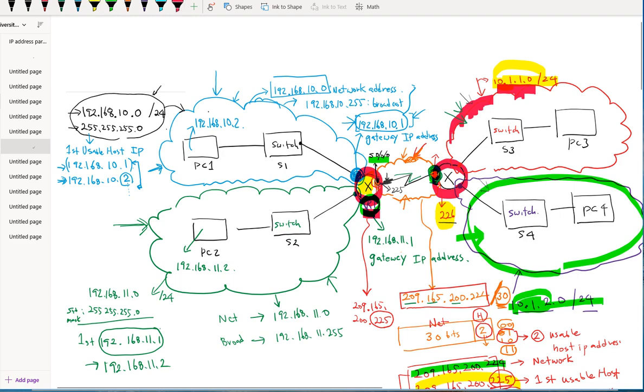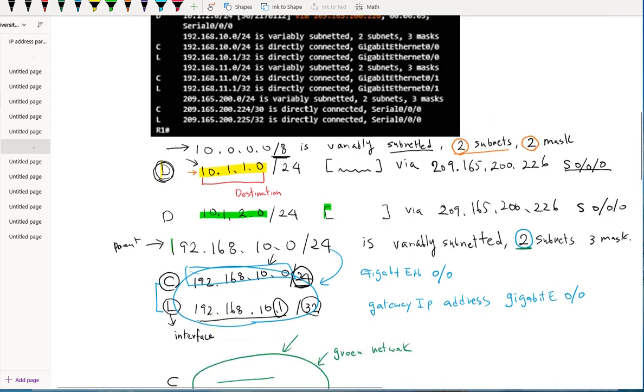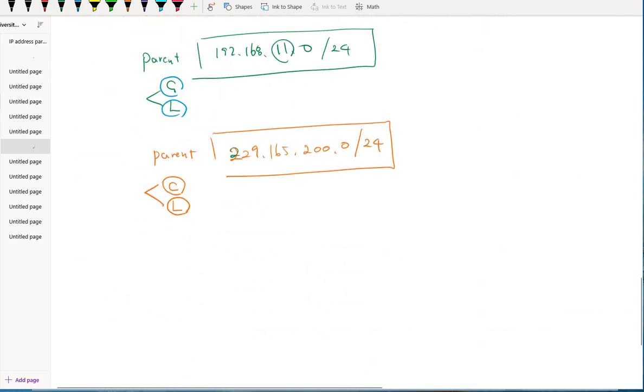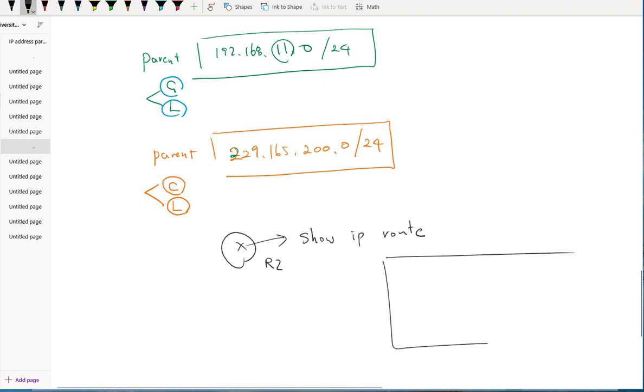Using Microsoft Word, create what the routing table should look like when you type show ip route on R2.